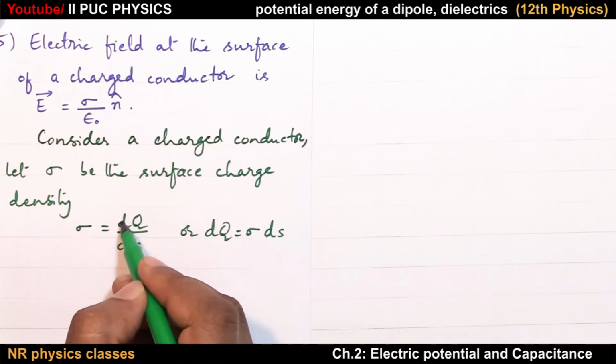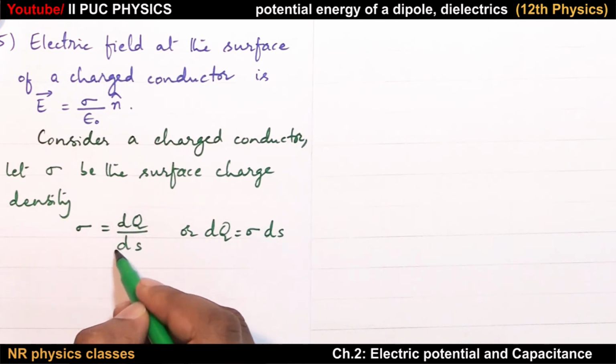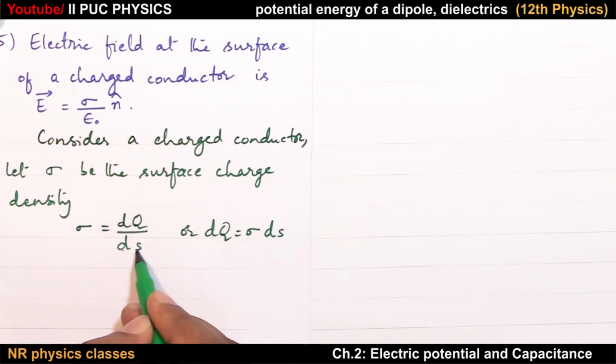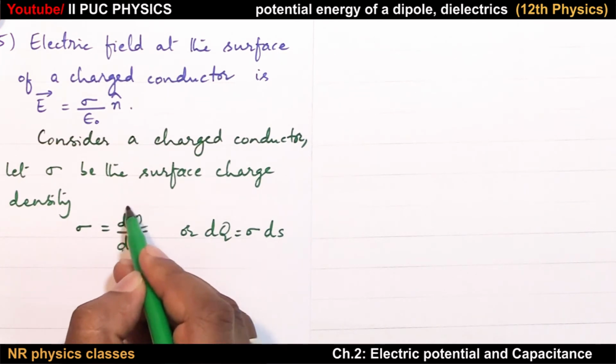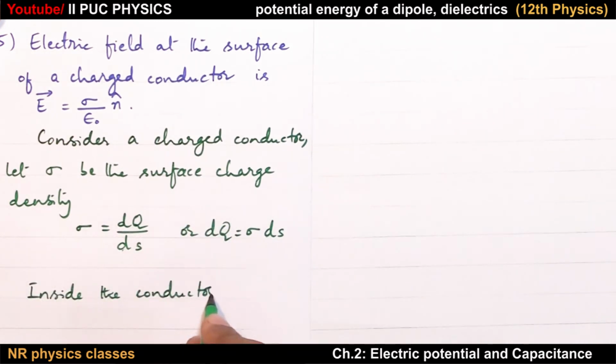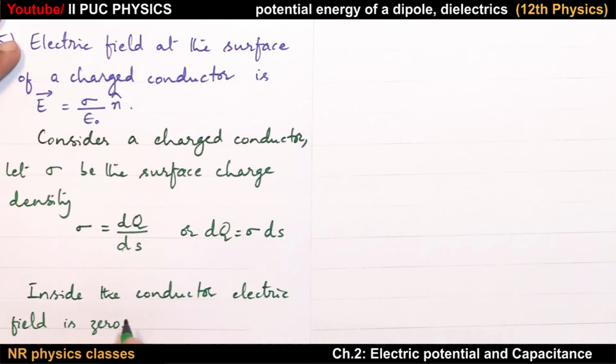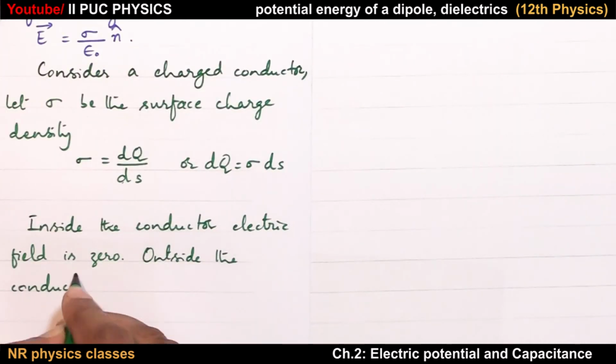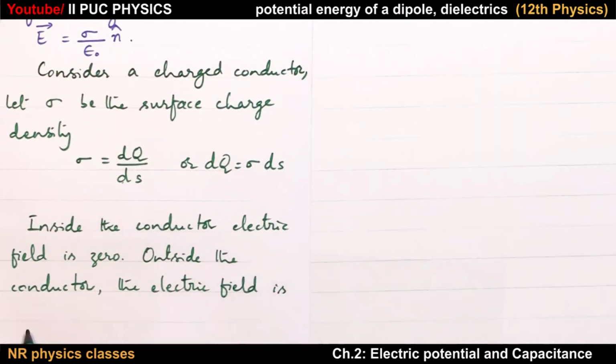When dq is used, then we are talking about small area and small charge. ds is small area, dq is small charge. Inside the conductor, electric field is 0. We have proved this. Outside the conductor, the electric field is perpendicular to the surface. We have also proved this point.